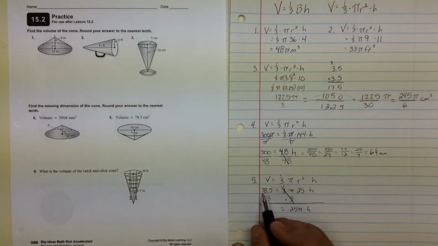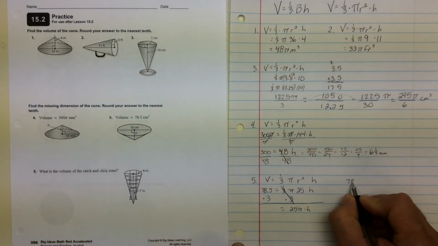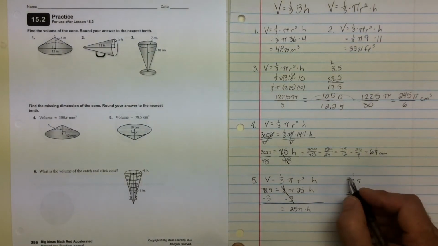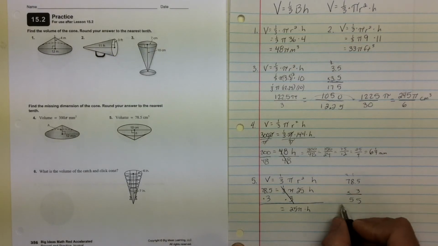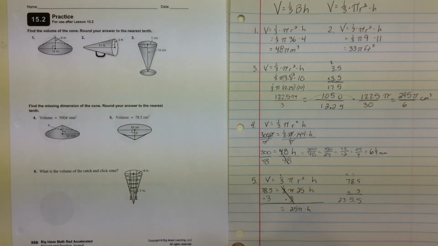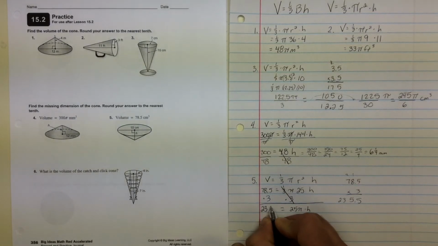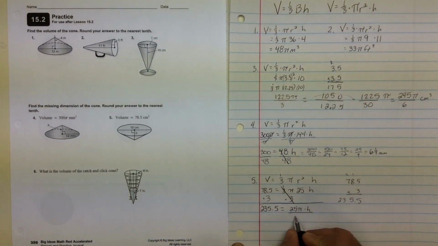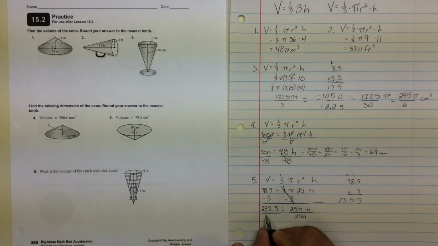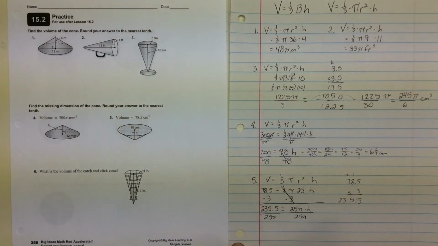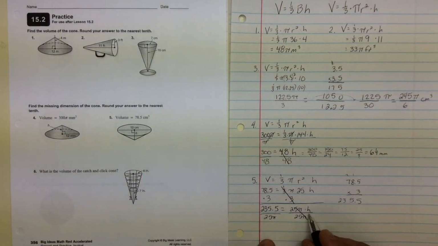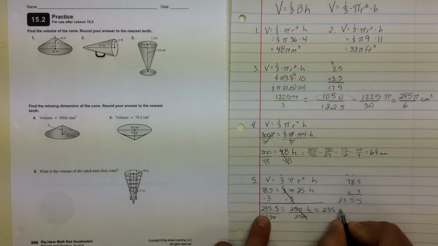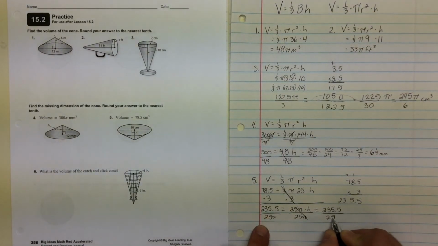And over here, 78.5 times 3. One spot behind the decimal, 235.5. Divide both sides by 25 pi, and h equals 235.5 over 25 pi.